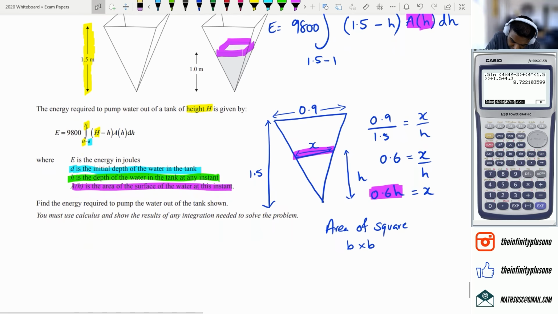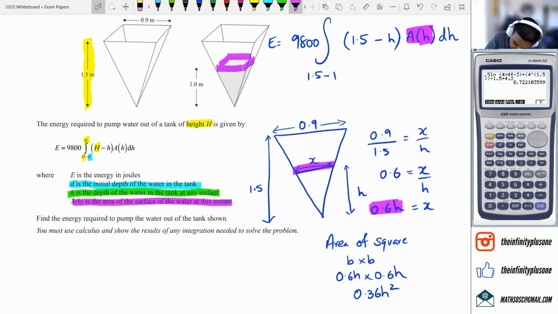And because the base in this case is 0.6h, we're going to do 0.6h times 0.6h, which gives us 0.36h squared. Now that is the formula for the surface area of the water, which happens to be a square.